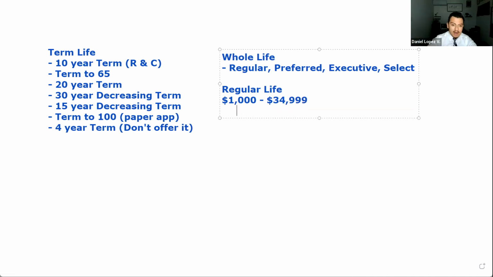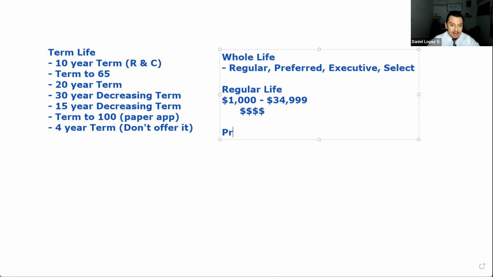Now this regular whole life is actually the most expensive per thousand. Now with whole life, one thing you guys understand, whole life is like shopping at Costco or Sam's Club. As you guys know, when you go to Costco or Sam's Club, the more you buy in bulk, the less it is per item. Same thing with life insurance. The more you buy in bigger units, the less it is per thousand. Okay, so you'll see what I mean later. So regular whole life, $1,000 to $34,999, costs the most per thousand.